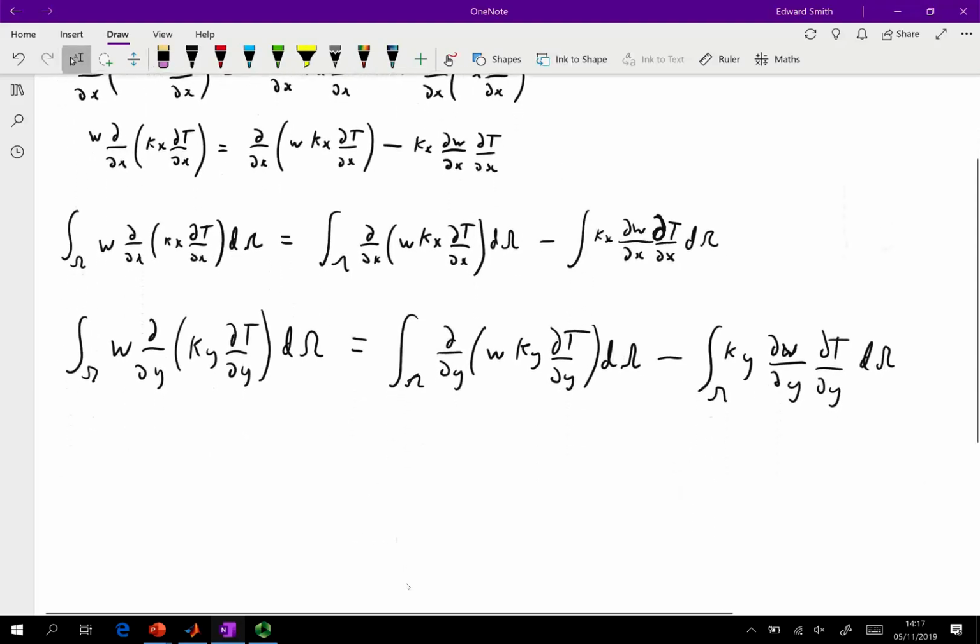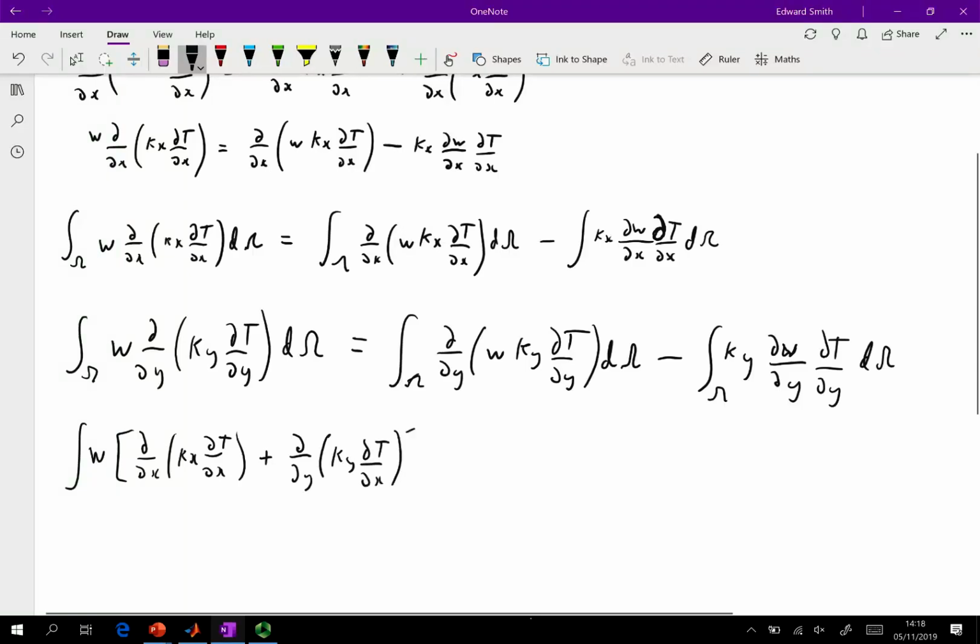So collecting those two together for the entire expression, we can rewrite this as two terms, and these are the same two terms we've seen before.